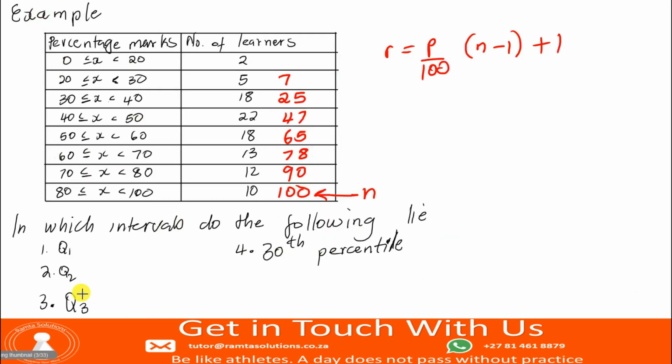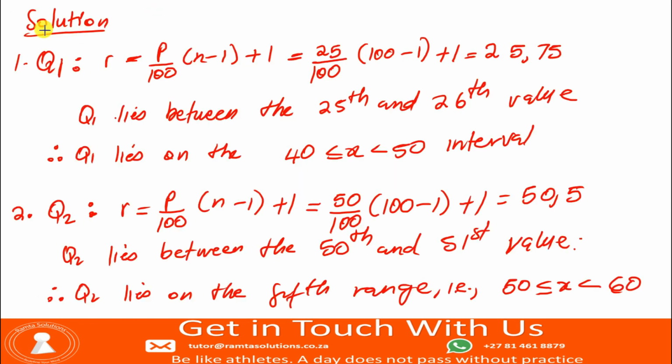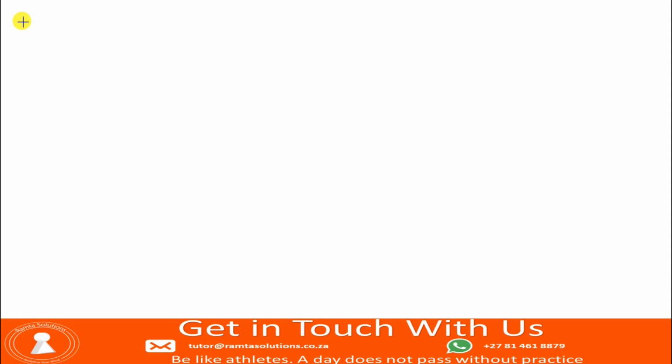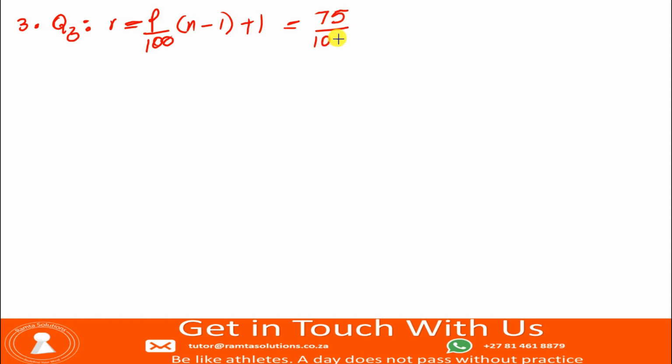Now, we must look at the upper quartile. Let's add the formula: P over 100, all multiplied by open bracket, n minus 1 close plus 1. Upper quartile is the 75th percentile. And we said we have 100 values.